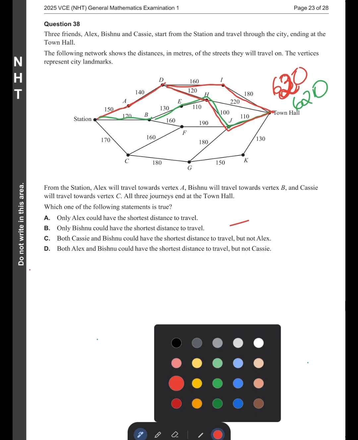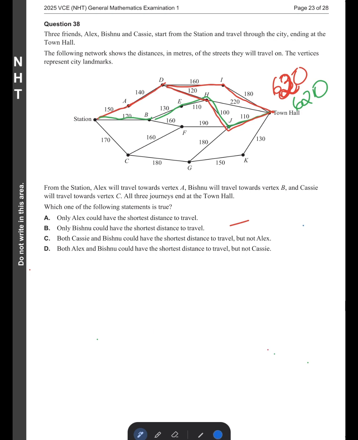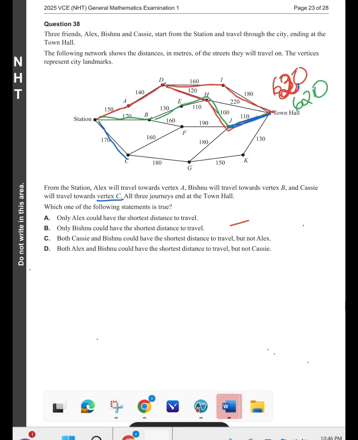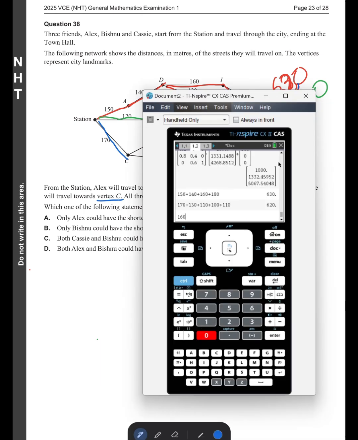Okay. And lastly, Cassie will travel towards vertex C. So she's going to go this way, and then we're just going to figure out which way is shorter for her. So she's got 160 and 190 or 180, 180. Now this way is definitely going to be shorter than doing that way. And 160 and 190 is going to give us 350, whereas 180 and 180 is 360.